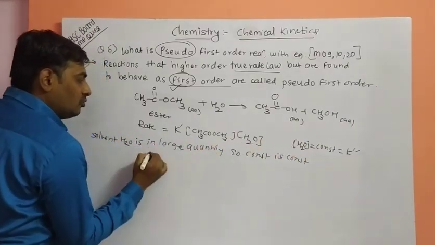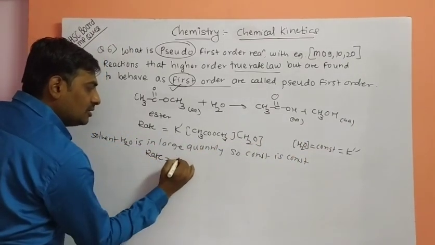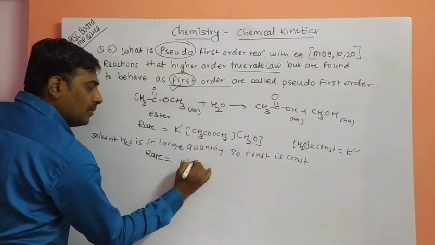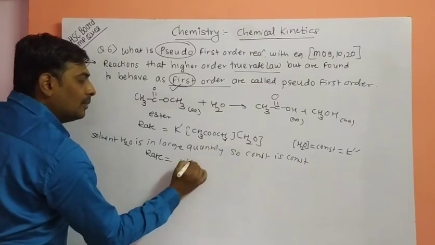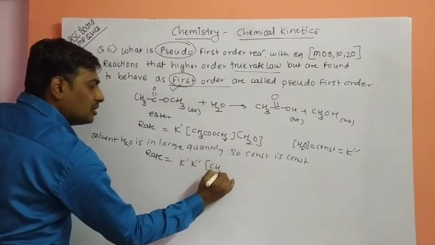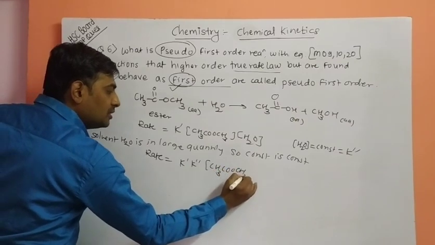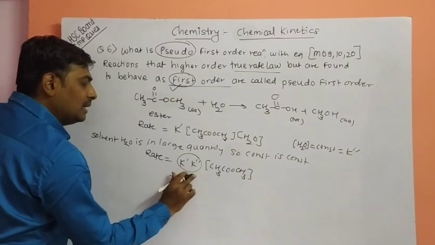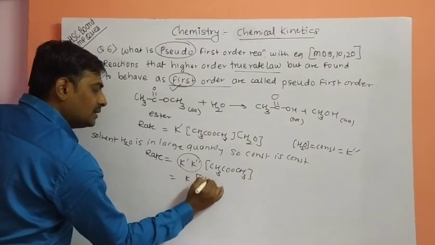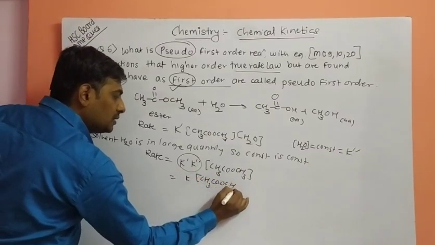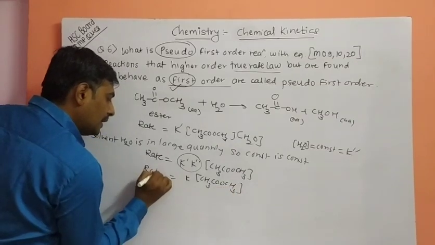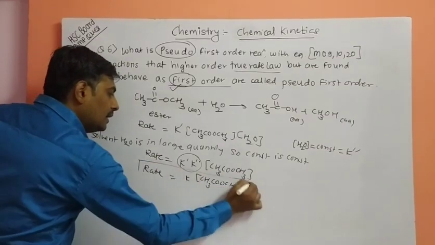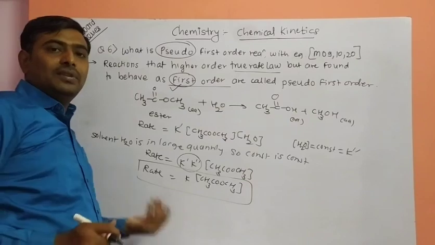If you are substituting this in the above equation, rate is equals to K prime, and for water we take K double prime, concentration of CH3COOCH3. Since the constant of both is written as one K, what will we get? Rate is K times CH3COOCH3. That is, the rate of the reaction is directly proportional to the concentration of only one substance.